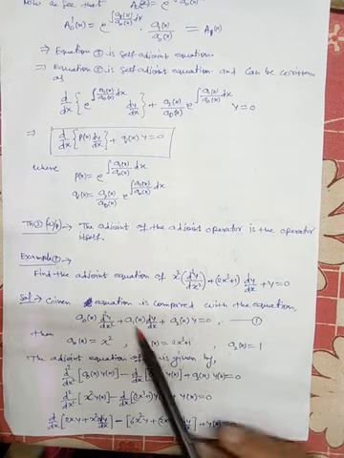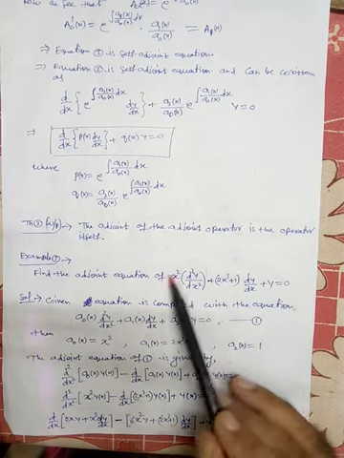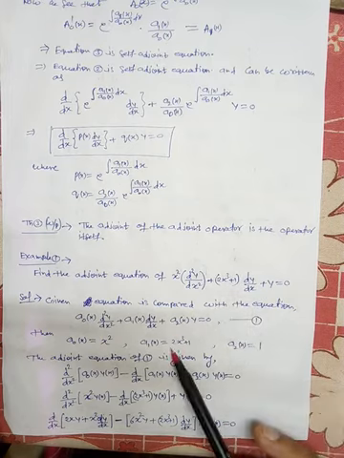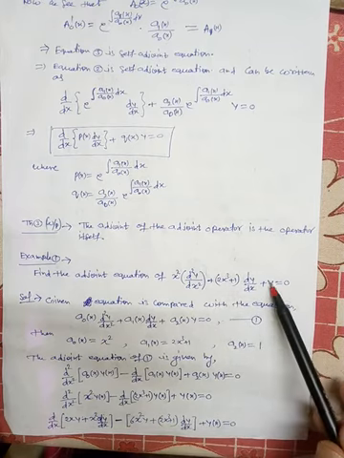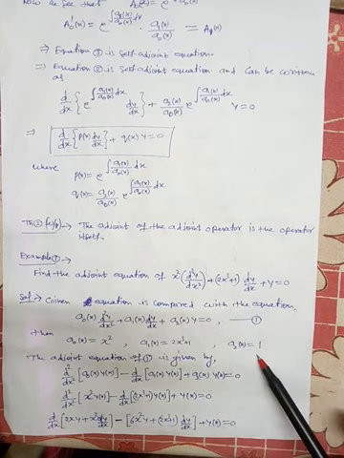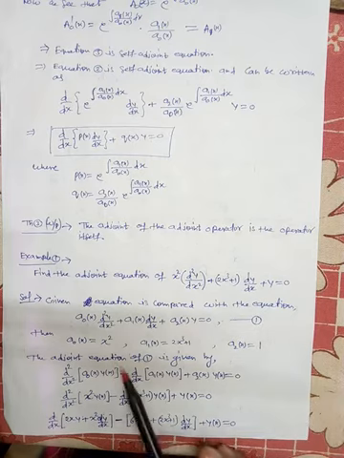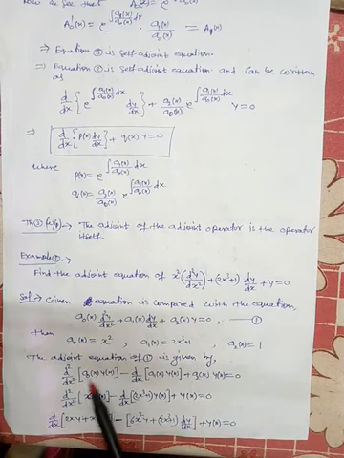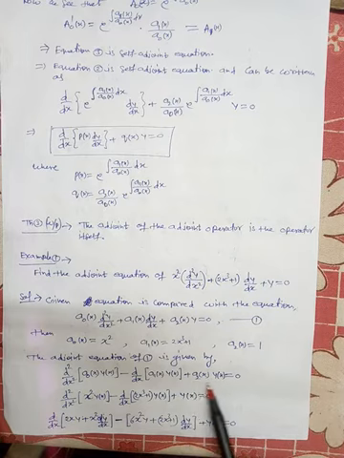So if you compare this, what is a naught x? X square. What is a1x? This quantity 2x cube plus 1. What is a2? Coefficient of y is 1. Okay. Now the adjoint equation of 1 is given by, what is the adjoint equation of this equation? d2 by dx2 of a naught x y minus d by dx of a1 y plus a2x y is equal to 0.